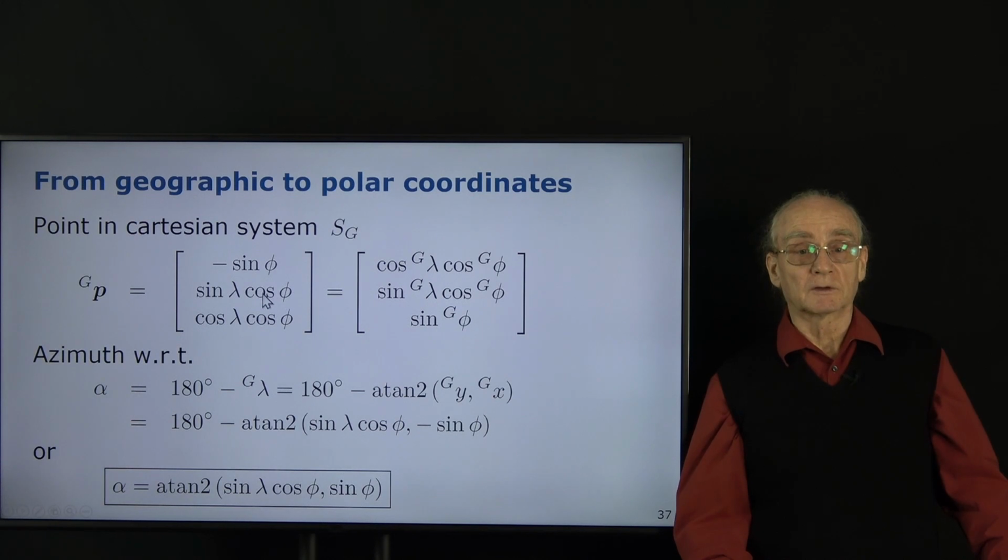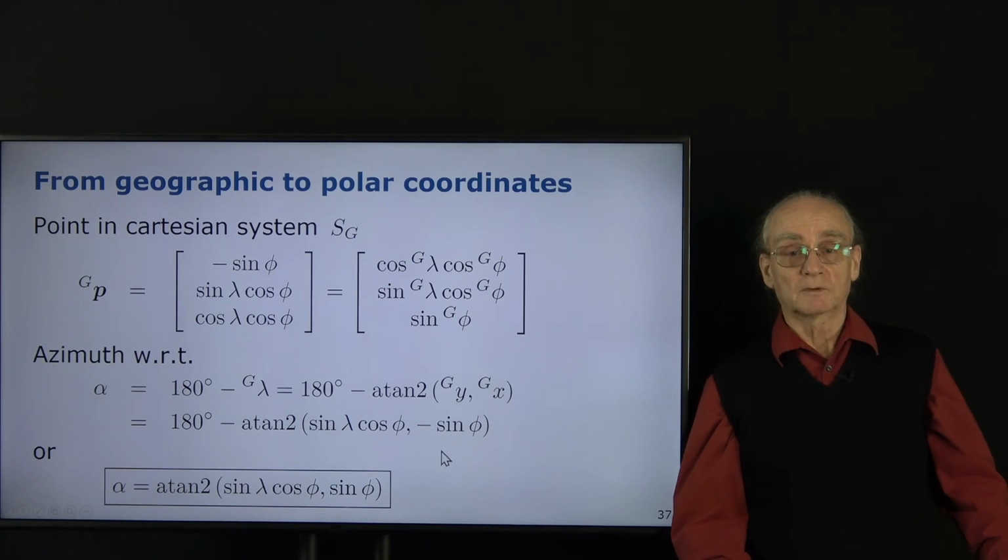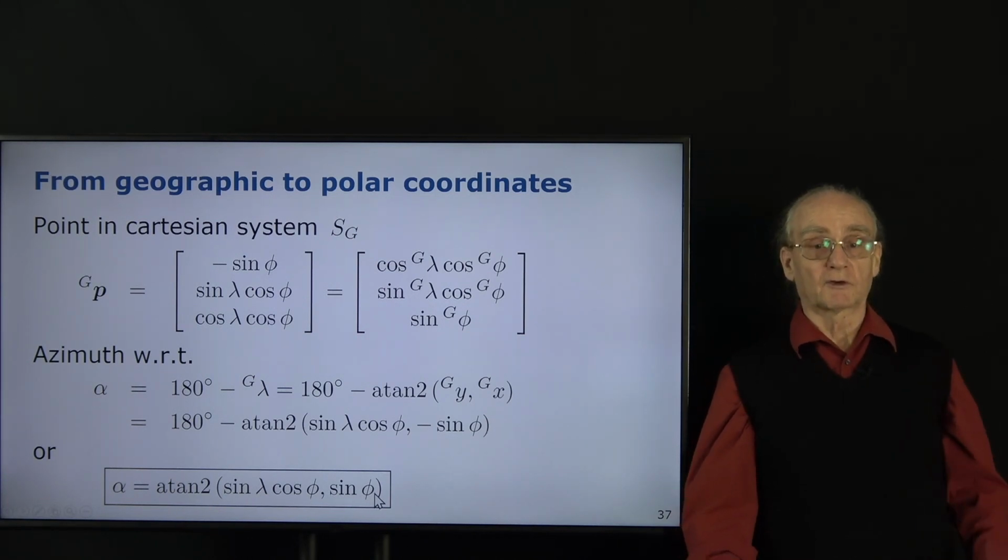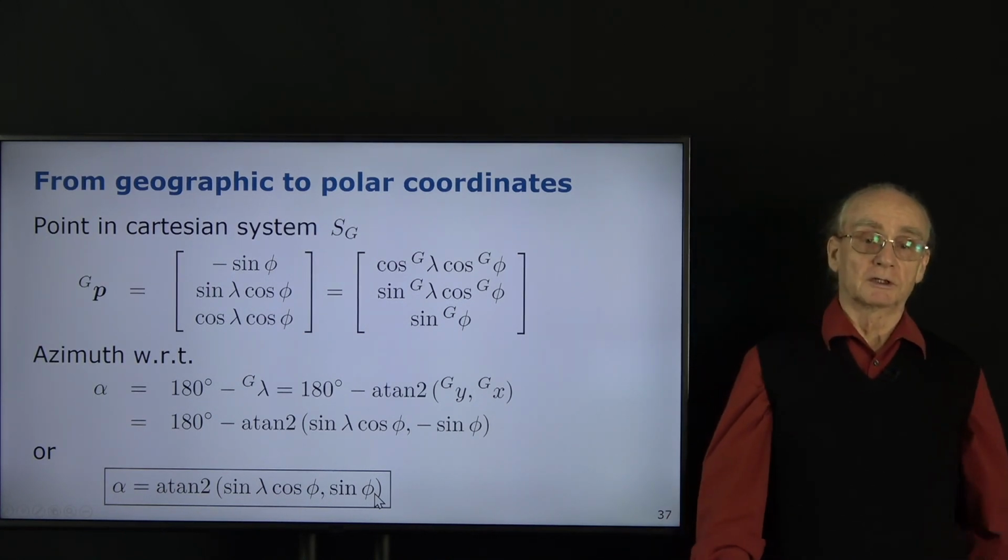We have to take the arcus tangents of this and this value. That means 180 degrees minus arcus tangents of this and minus phi. And then, taking the rules of the trigonometric forms, we can finally write down alpha as arcus tangents of two values of sine and cosine of the two angles phi and lambda. So this way we can derive the azimuth of this point as a function of the geographical coordinates of that point.